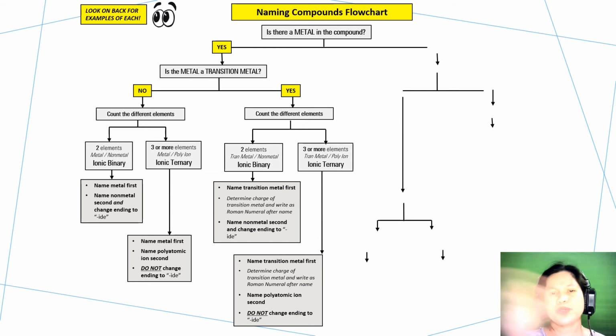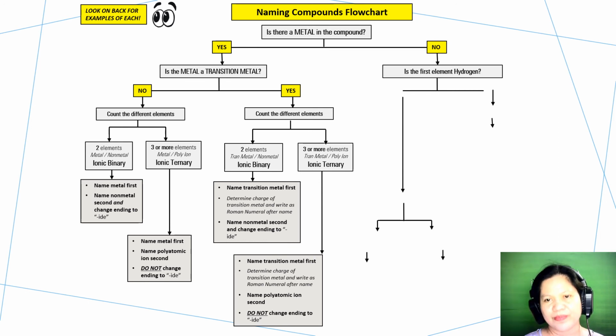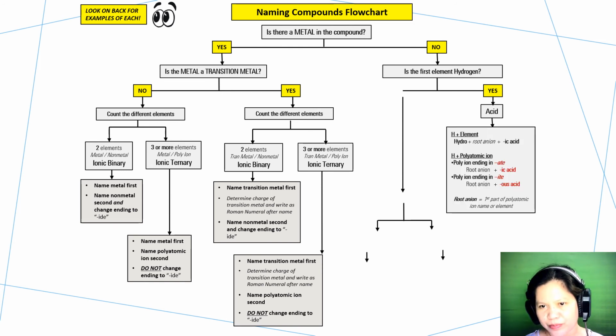Now, going back to the first question on the upper part, what about if our answer is no? What will happen next? Okay, ang tatanong mo agad is the first element hydrogen? If your answer is yes, next question, it will be acid form.